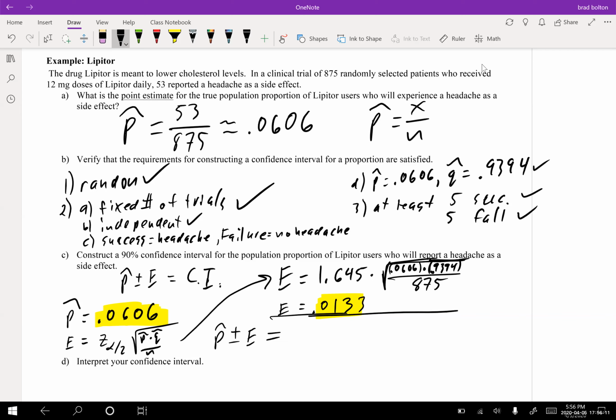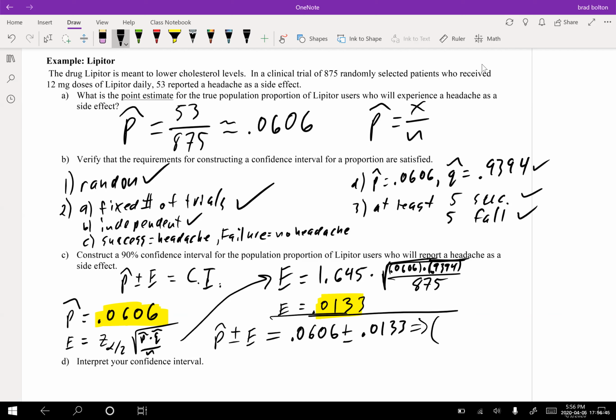Let's do it like this. I like equals first. So p hat of 0.0606 plus or minus 0.0133. So that means we can now build our interval.